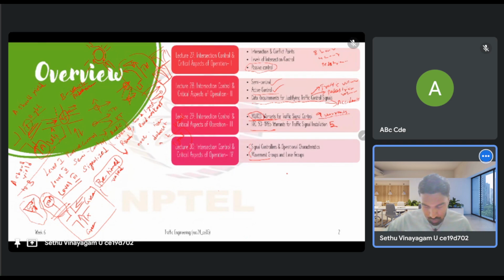Movement group is basically, exclusive turning movements will be forming their own movement group. Exclusive turning movements have a separate movement group, right? So the rest of the movements will be forming one movement group.